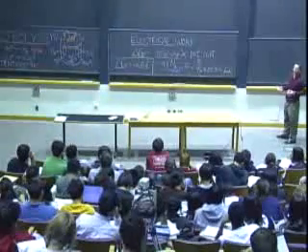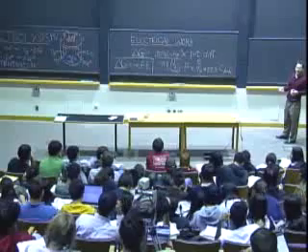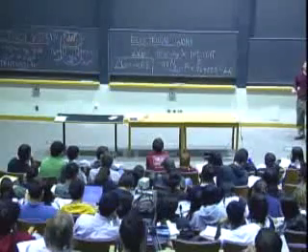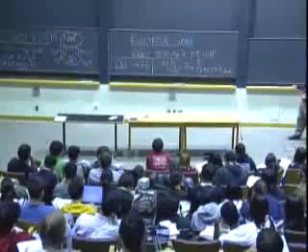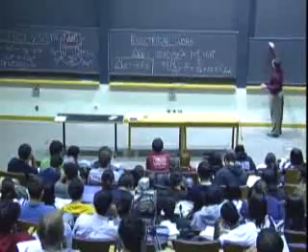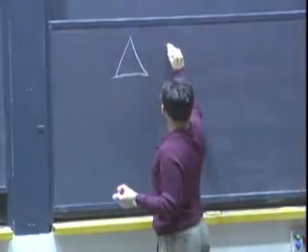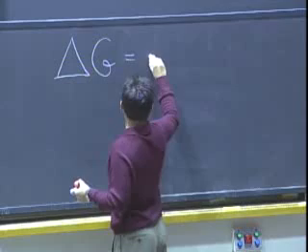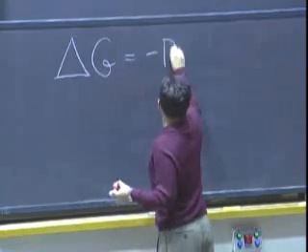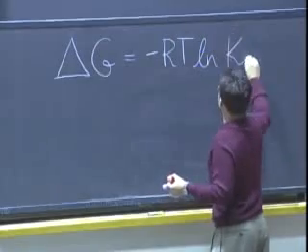One of the things that this is useful for is for finding a relationship between an equilibrium constant and a standard cell potential. And we can do that by recalling from chemical equilibrium the expression that delta G is equal to minus RT ln K.